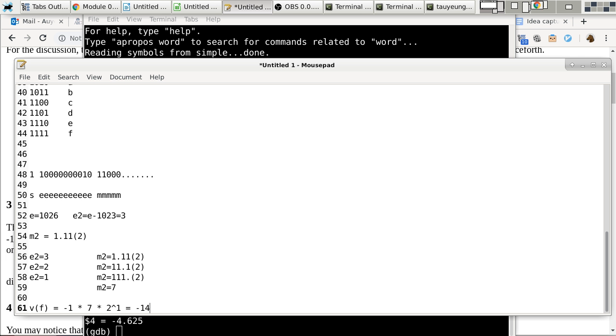In other words, we put negative 14 as a double into the 64-bit unsigned integer, and then we look at the bit pattern. How about that? Would that work? So we are reversing the process in GDB to double check the answer of this one.